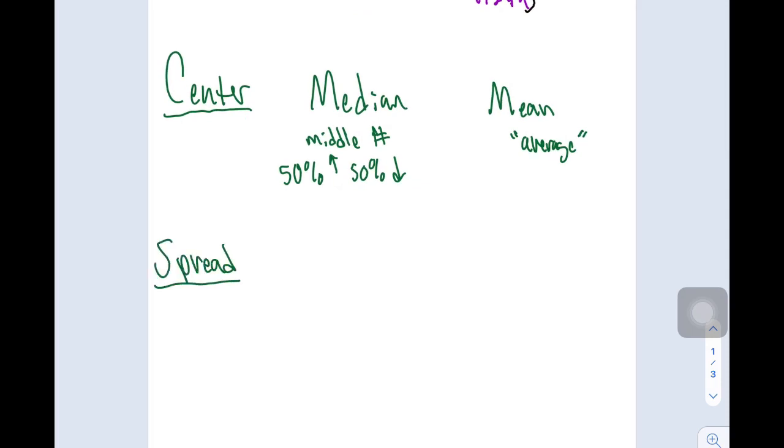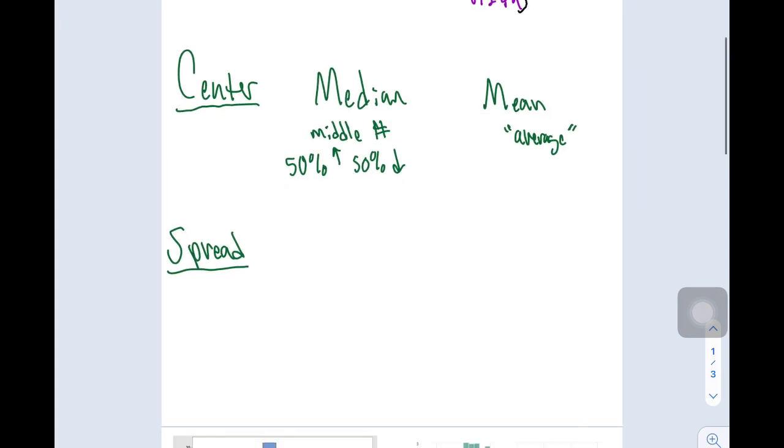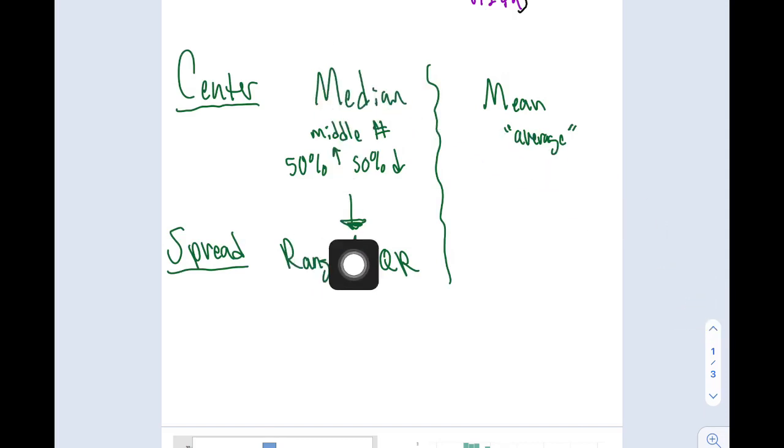So spread. So we did shape, the center, look at your median, mean, and for spread, you can talk about a couple different things. So if you talk about the median, you're going to want to talk about either the range or the interquartile range.